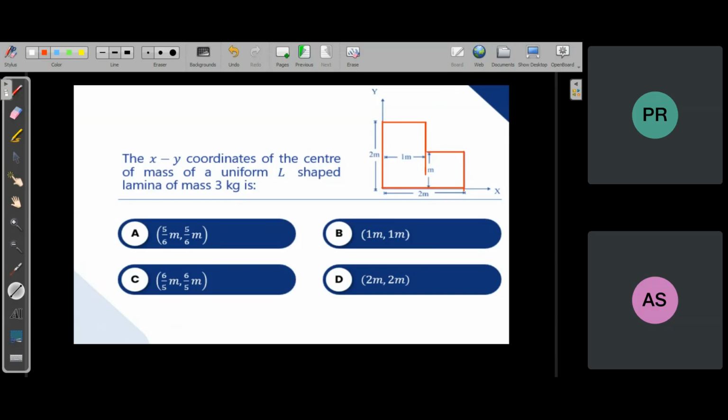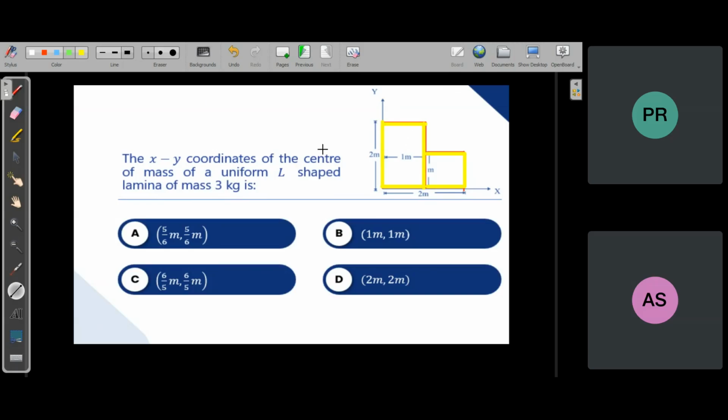So one part I can break it like this, and the other part, so I'm taking this as one part, yellow color, and this part as another part. Can you see this? Yes, I can see.